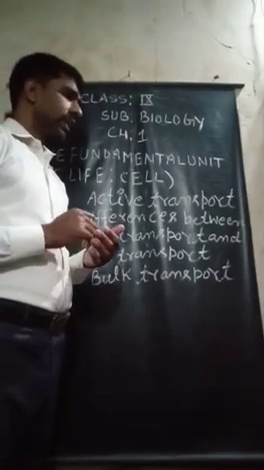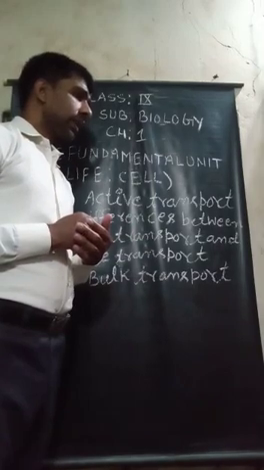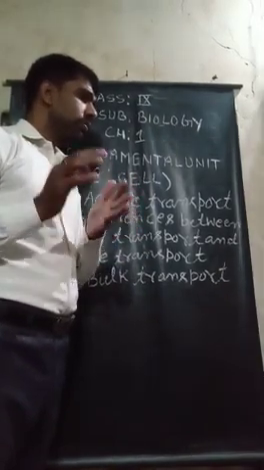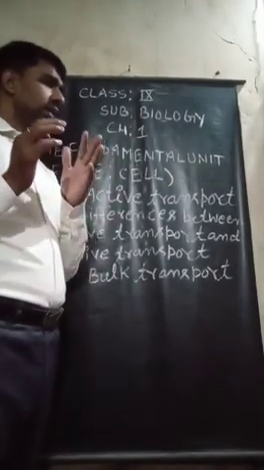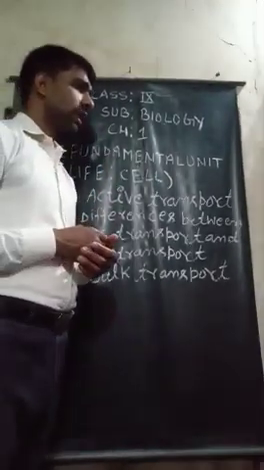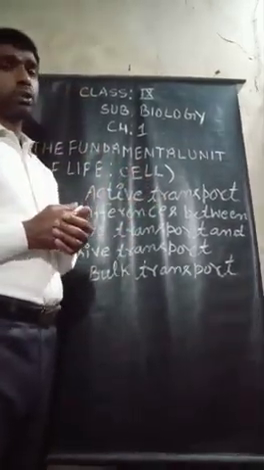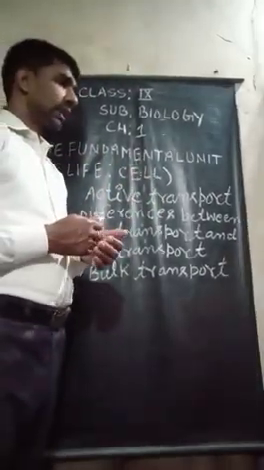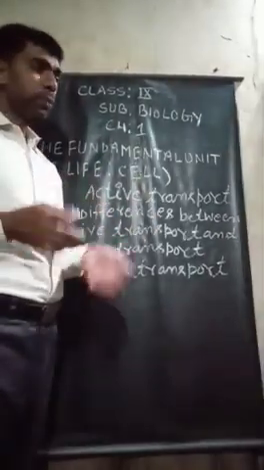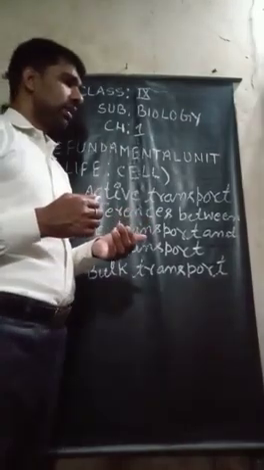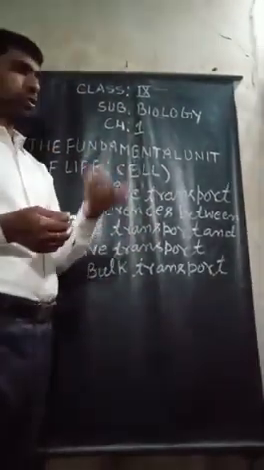Active transport is mediated through carriers, and in passive transport carriers are not involved to complete the process. Active transport is a rapid process, and passive transport is a comparatively slow process.